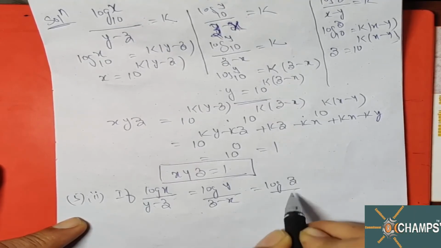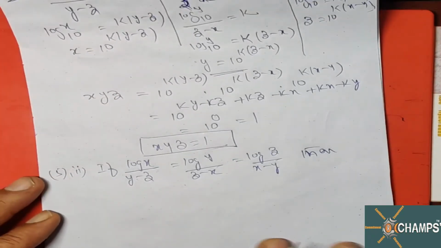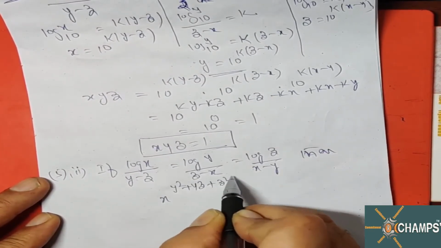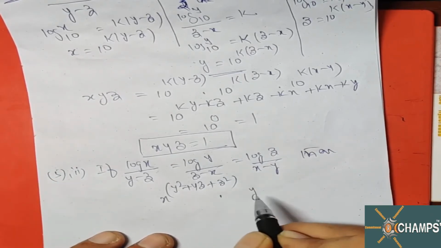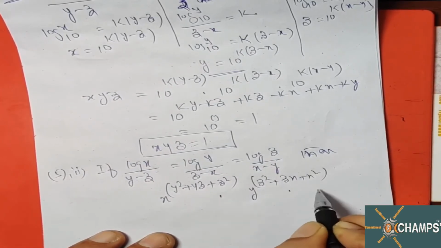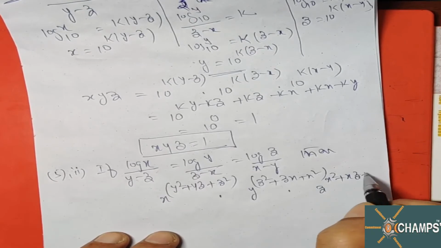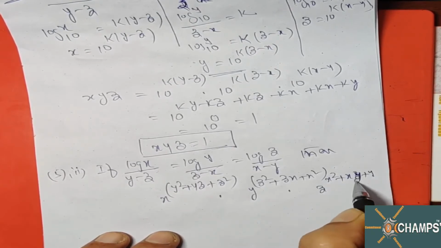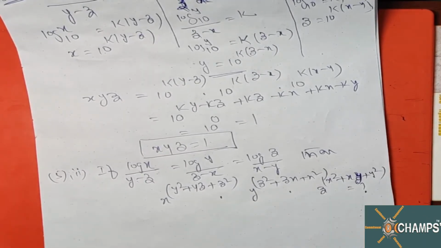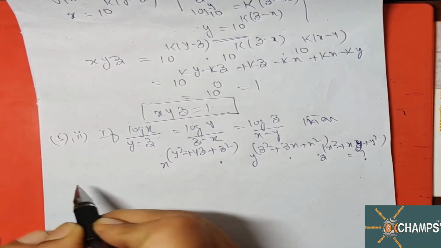If log x divided by y minus z is equal to log y divided by z minus x, equal to log z divided by x minus y, then x to the power of y square plus yz plus z square, into y to the power z square plus zx plus x square, into z to the power x square plus xz plus y square is equal to question mark.